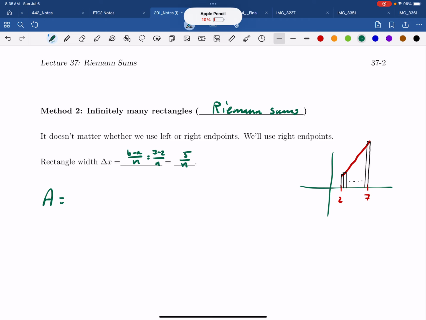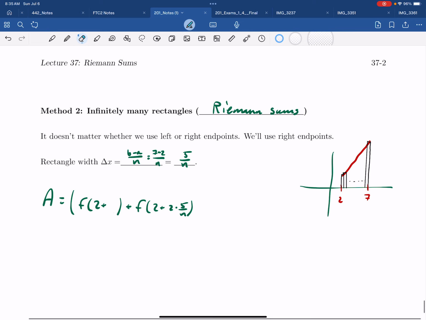Okay, so the area is going to be f of, again, now what's the first right endpoint? Well, it's going to be 2 plus delta x, which is 5 over n, plus, and then just to illustrate what the second term would be, it's f of 2 plus 2 times 5 over n, 2 times delta x.